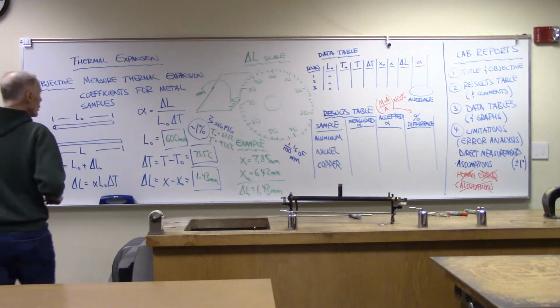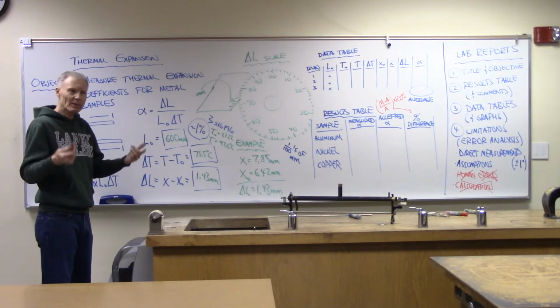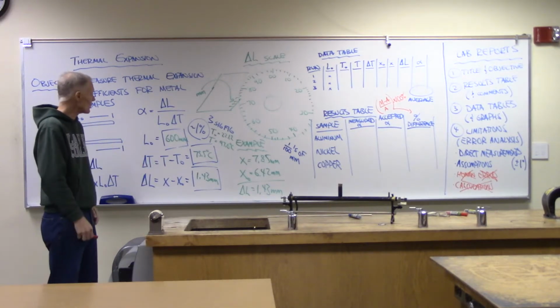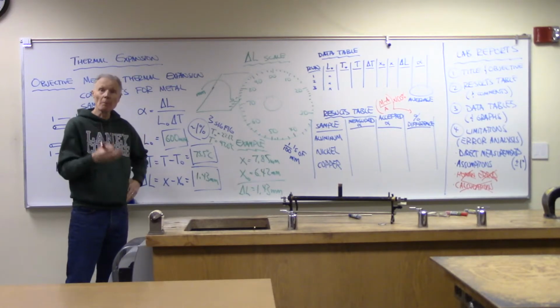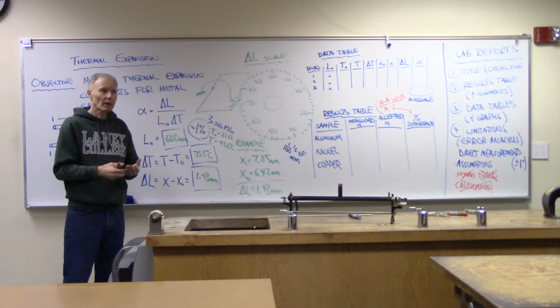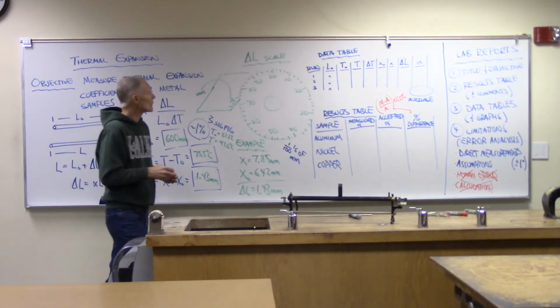That's an important idea within science and engineering and doing measurements: identifying which measurement is going to be the most difficult to make and have the least reliability, and then putting a little extra effort into those measurements.